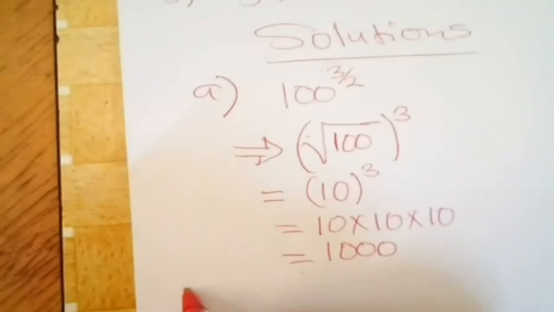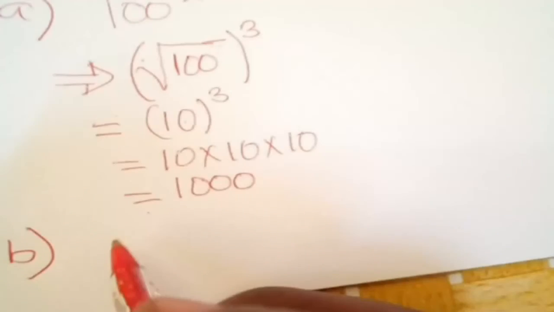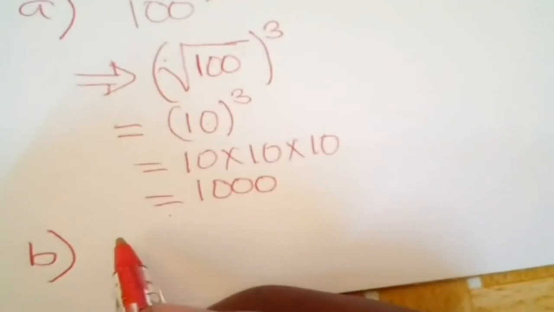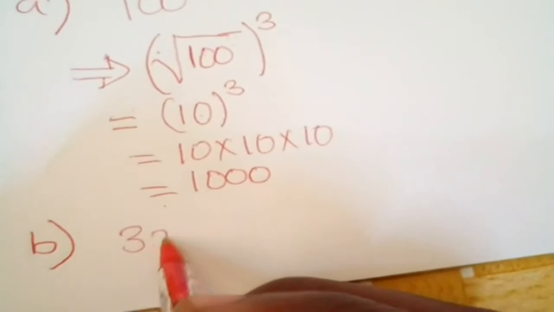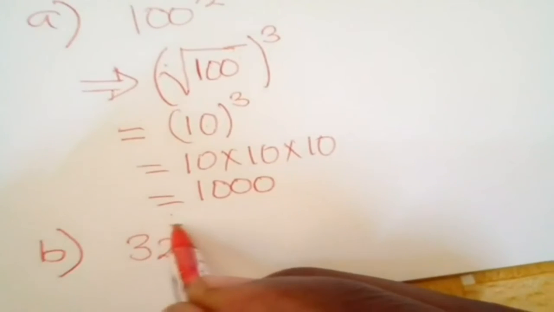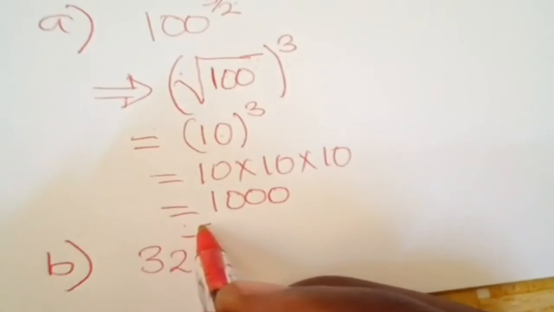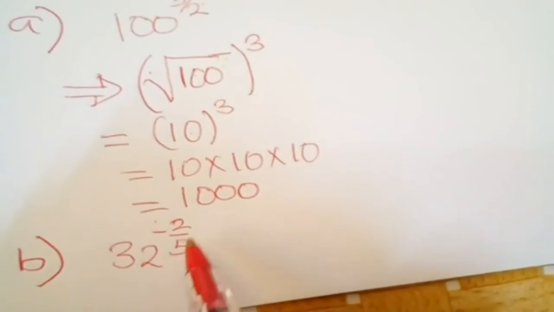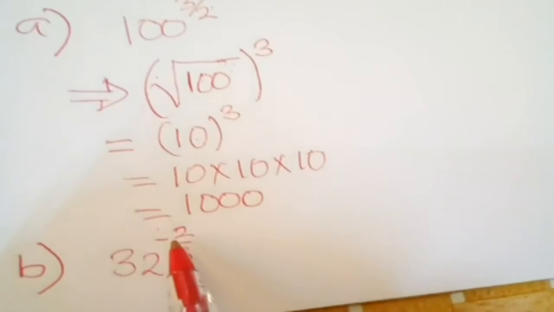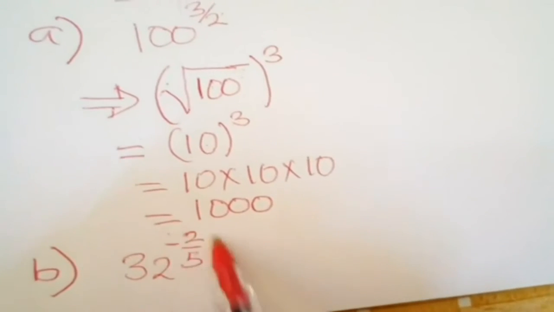Okay, let's look at B. B, we have 32 raised to the power negative 2 over 5. So here there are two rules we are supposed to apply.